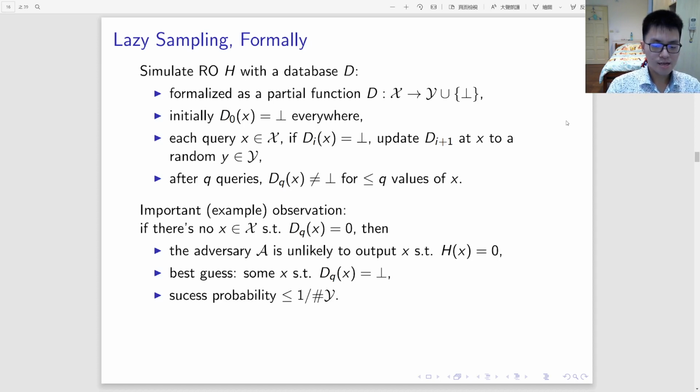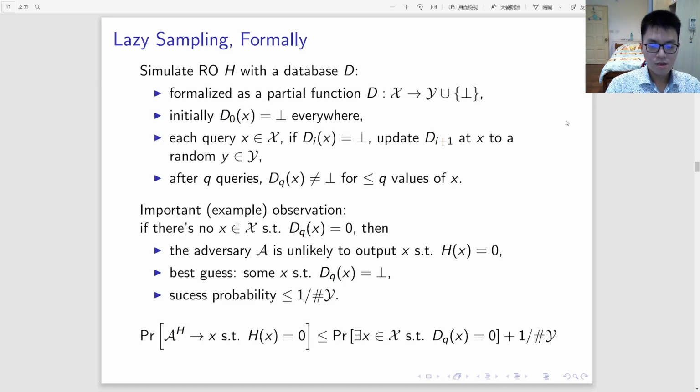However, since x is not recorded in the database, its output will correspond to an unknown fresh randomness to the adversary. Therefore, this will succeed with probability no more than an exponentially small bound. So here we have the formal bound reducing the probability of adversary success into the probability of the database having a zero within, with only an exponentially small error term.